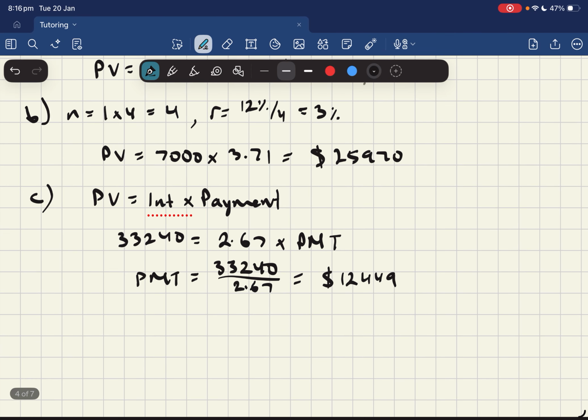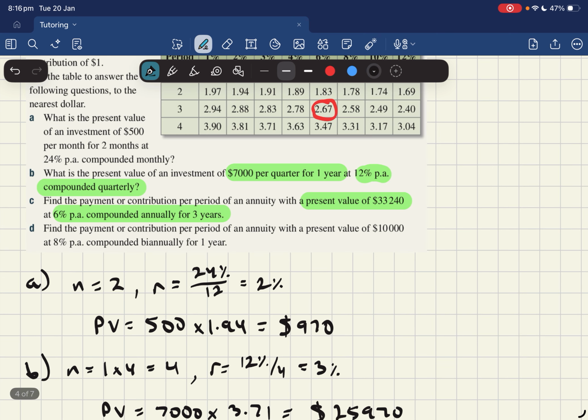Okay, last one. Very similar kind of thing we're doing. We're going to underline the key bits once again. Find the payment or contribution per period of an annuity with a present value of $10,000 at 8% compounded biannually for 1 year. Okay, so this part is important. Let's just rub off the intersection value from the previous example.